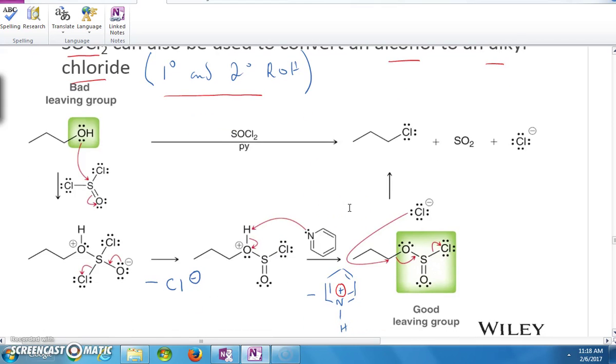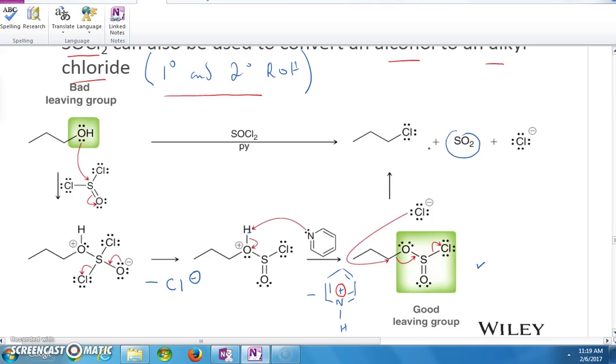Basically what is happening here is that the OH is converted to a good leaving group, as you can see in the mechanism. Then the base plucks off this proton, and eventually the reaction is promoted by the fact that one of the products, sulfur dioxide, leaves the reaction mixture and drives the equilibrium to the product side.